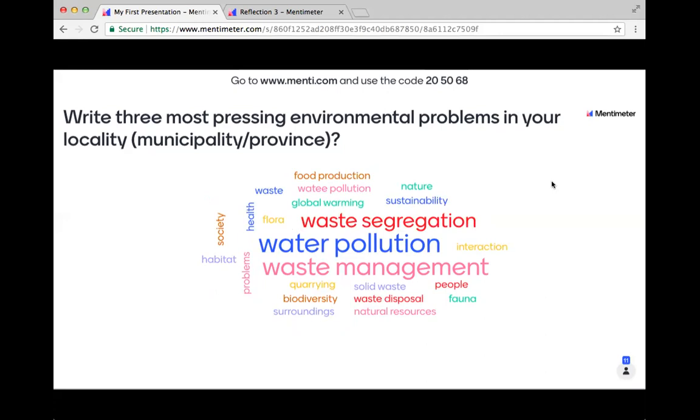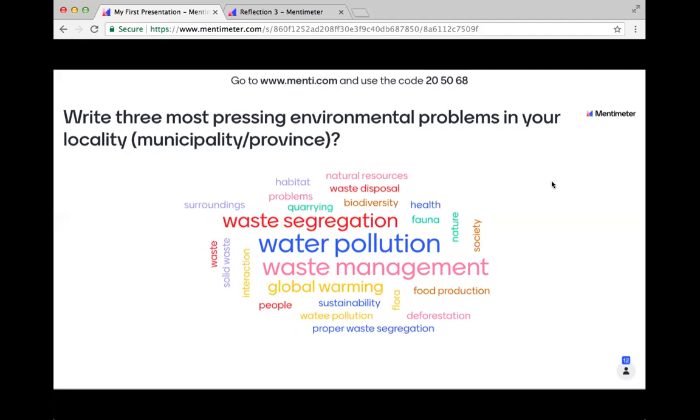Waste management. What else? Global warming, waste disposal, solid waste. So really, madaming responses on waste, on solid waste and water pollution, right? Waste segregation, proper waste segregation.